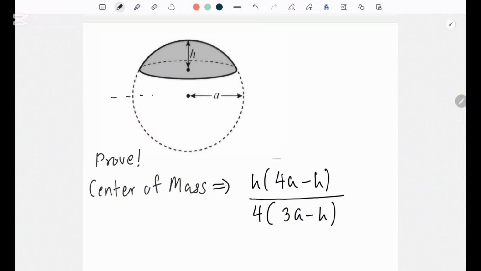With the dashed line, I'm going to break this down from the center and from the top. Can you see if I take this as an arc?